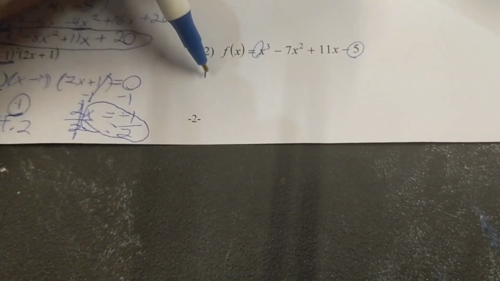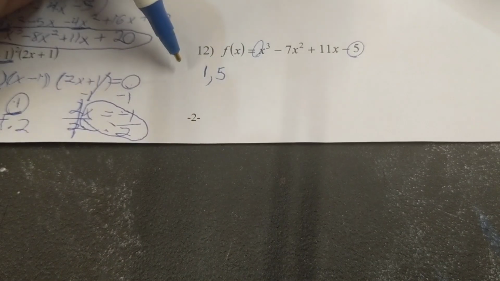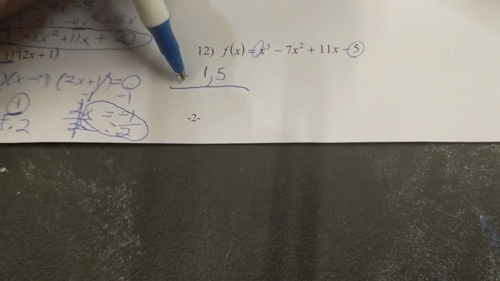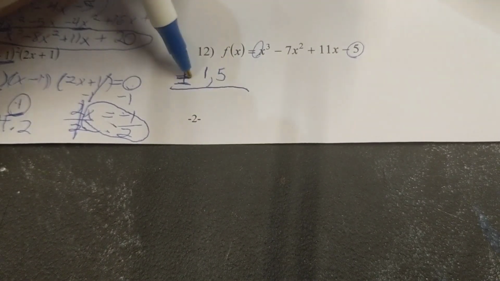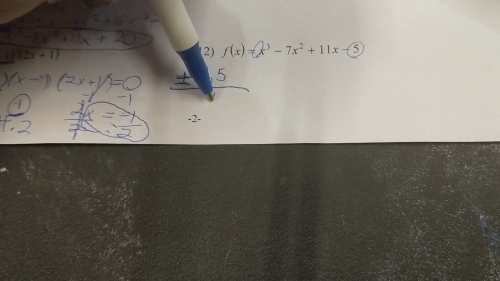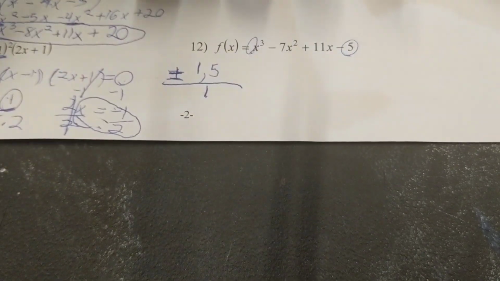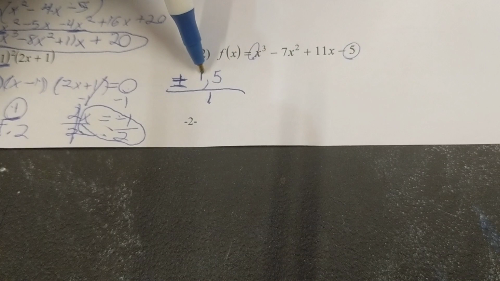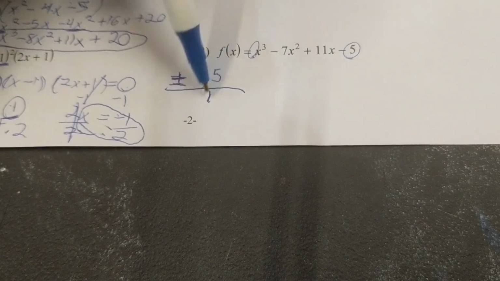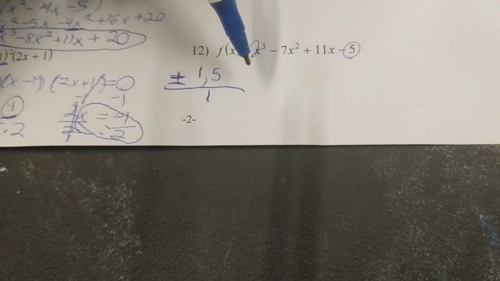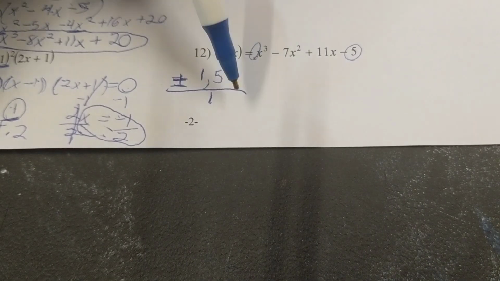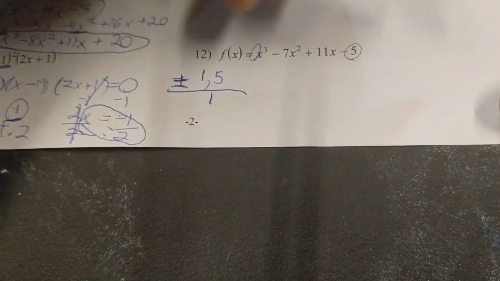Not very many things go in. Positive 1 and positive 5 go into 5. And then we'll do a plus or minus version. And the only things that go into 1 are 1. So as far as finding rational, nice zeros, it looks like it'll be either a 1 over 1 or a 5 over 1, or a negative of one of those things. So let's see what we can try with each one of those.